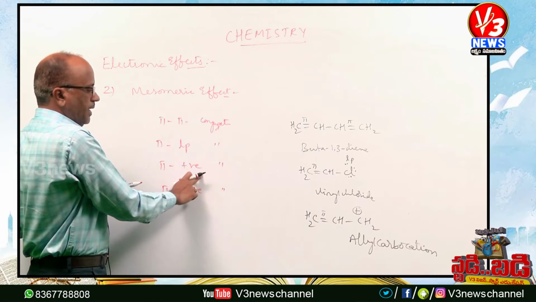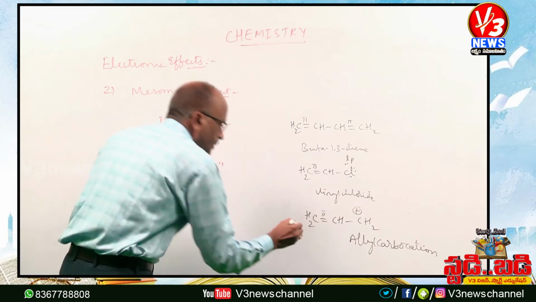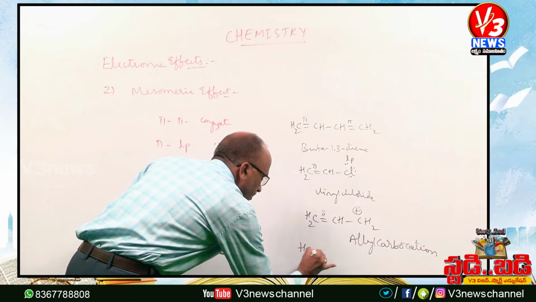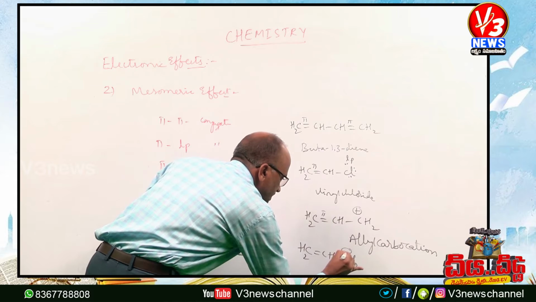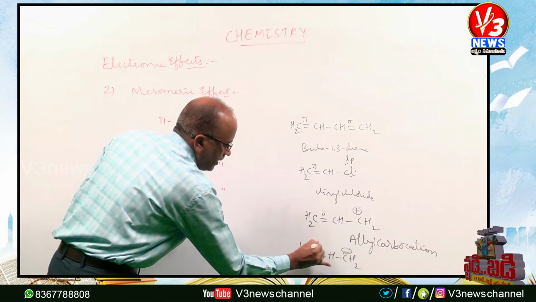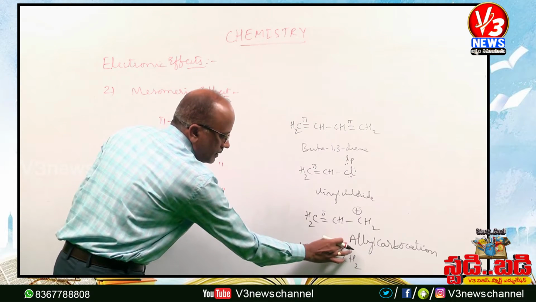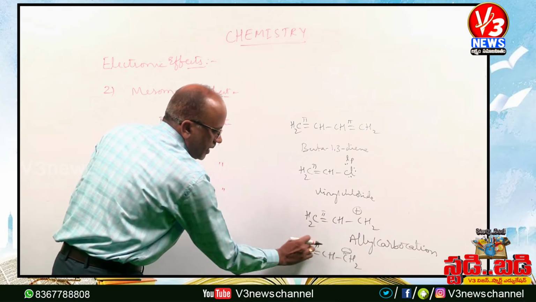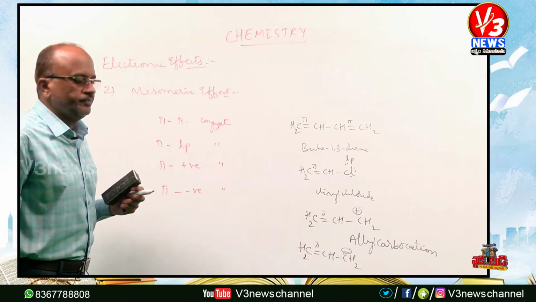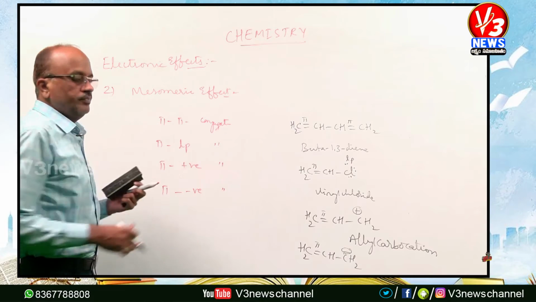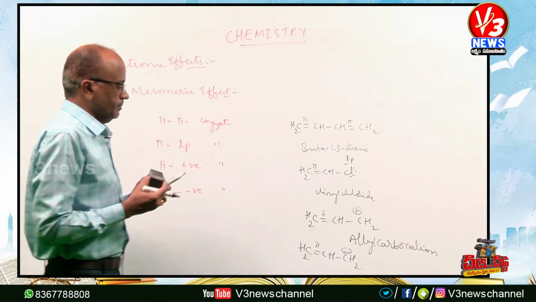So this is called pi positive conjugation. Then the next one is pi negative conjugation. Let there be a negative charge here. Same thing, pi bond, this is a sigma bond, this is a negative charge. So if a pi bond and a negative charge are separated by a sigma bond, then it is called pi negative conjugation.